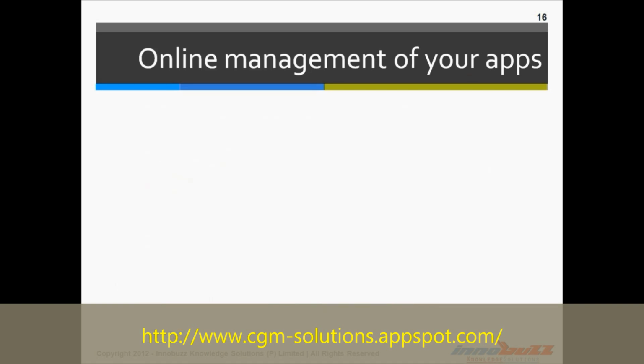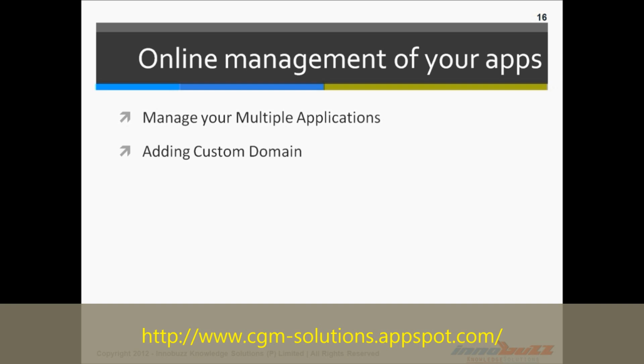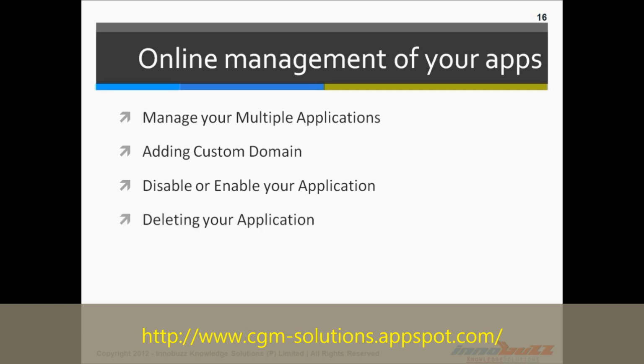Online management of your applications. You can manage multiple applications with a single account. You can add your custom domains. You can disable or enable your applications. You can delete your applications, or you can duplicate your applications.